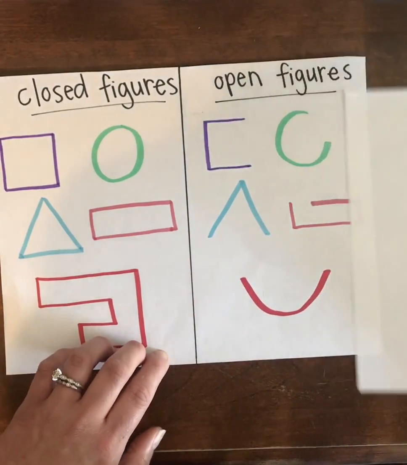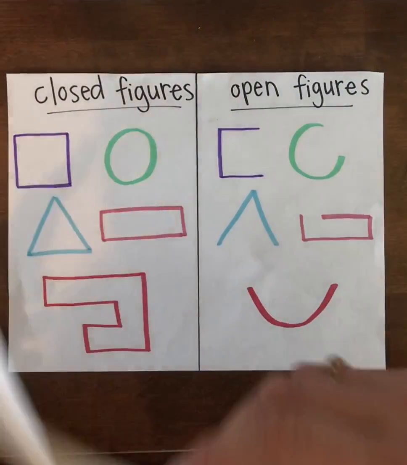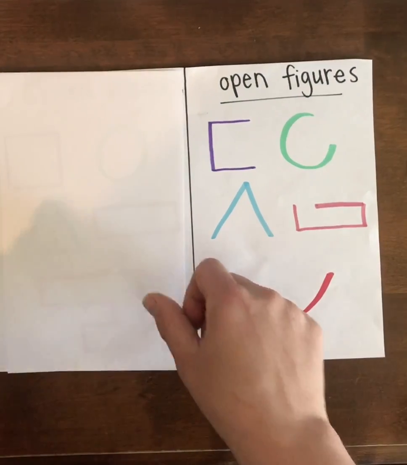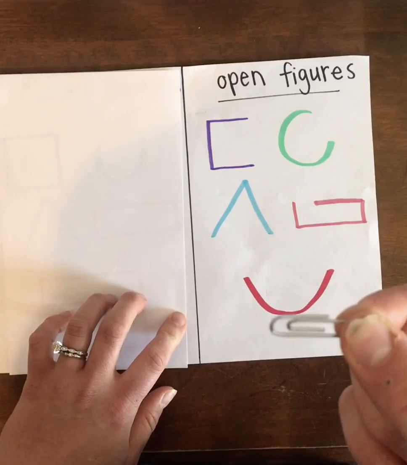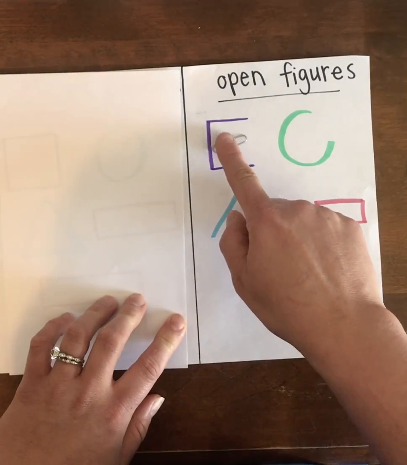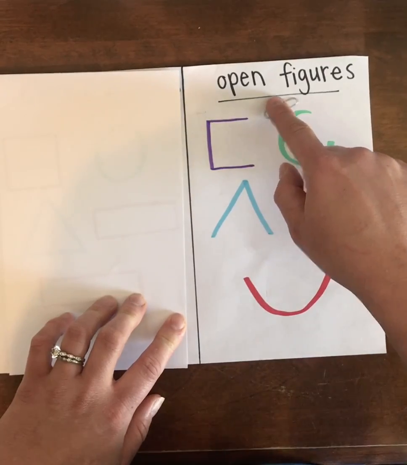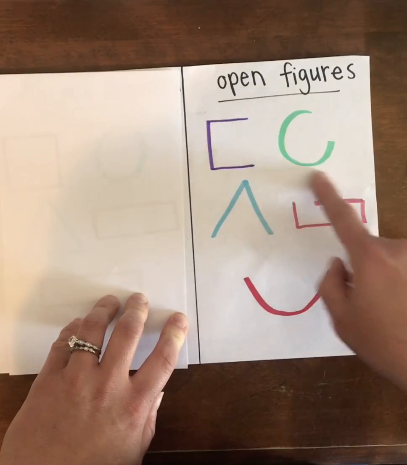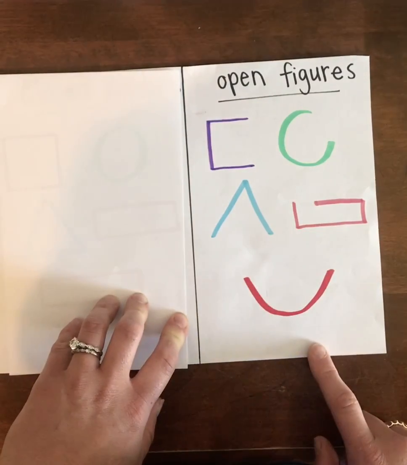The figures on this side of the chart are open figures. If I took my paper clip again and put it down, I would be able to move it through the opening. With all open figures, the sides are not fully connected.